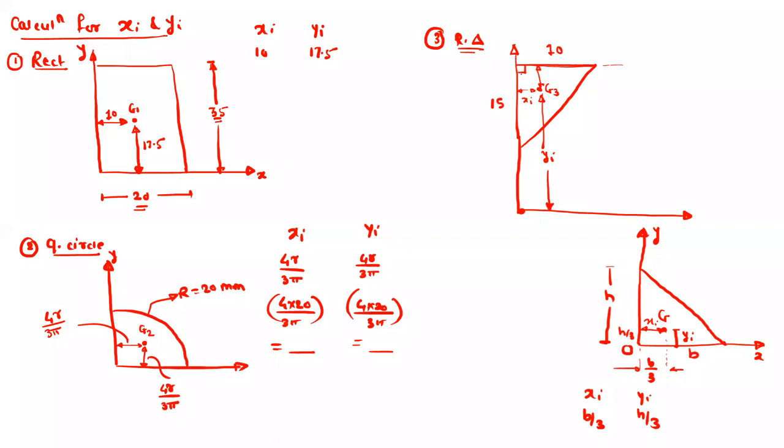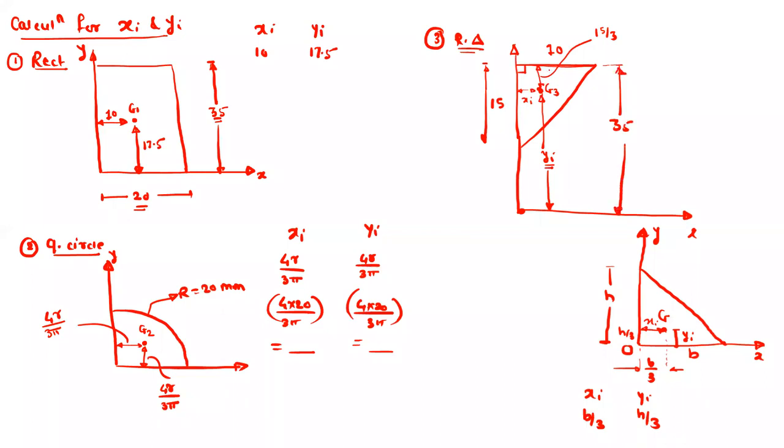We know that from 90 degree, position of center of gravity is at distance h by 3 and b by 3. This height is given as 15, so this distance will be 15 by 3. But to get the y coordinate, we have to find the distance of that center of gravity with respect to the x axis. This total is equal to 35 mm.